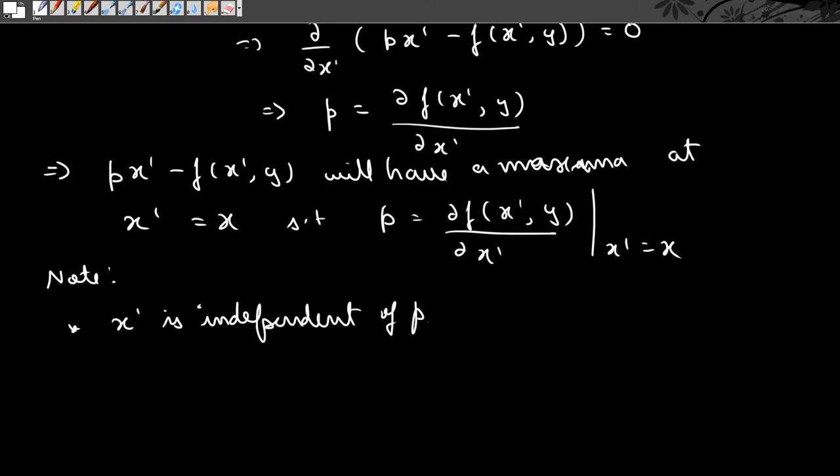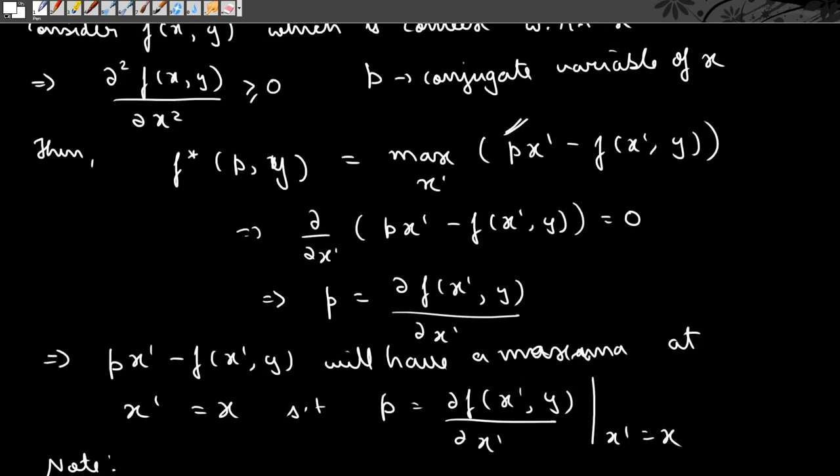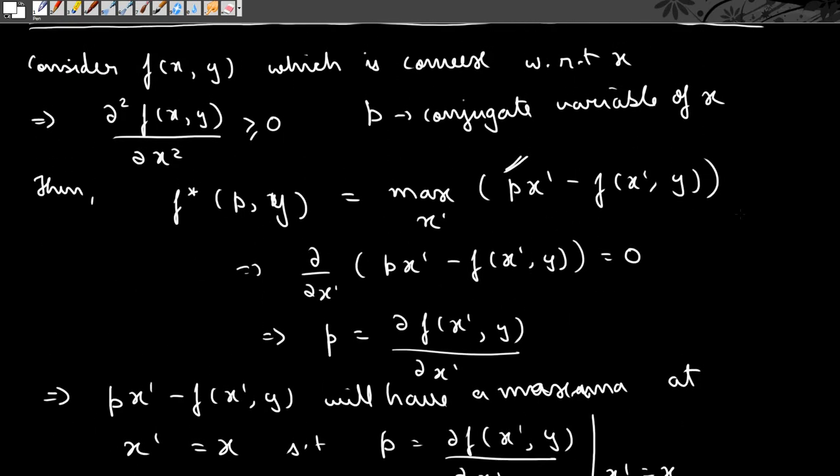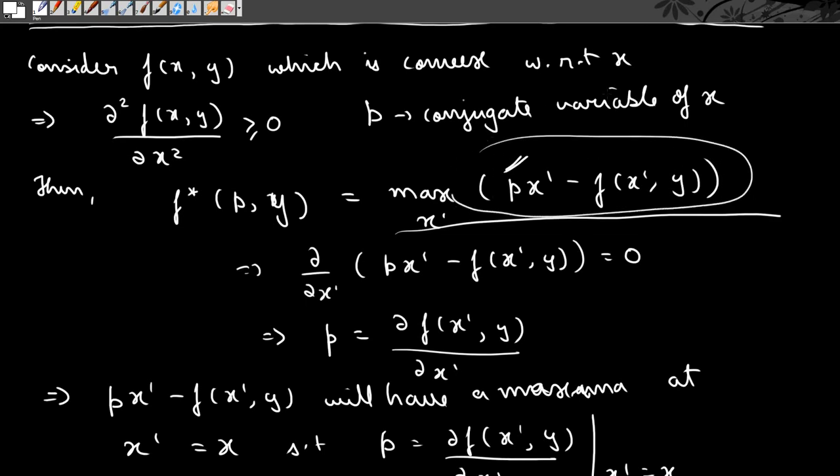What we mean by that is that I can choose any value of x dash, but only for a particular value of x dash will this expression have a maxima. Therefore the choice of x dash here will not depend on the value of p chosen.